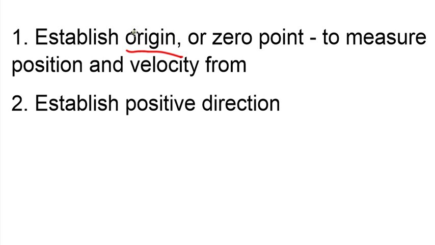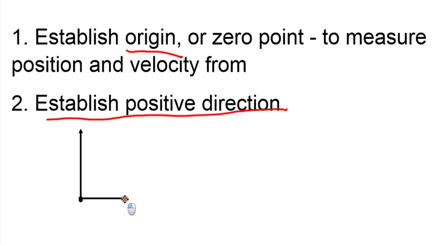Once we establish our zero point, then we need to establish the positive direction, or directions if we're working in more than one dimension. So for example, for most of the problems, we will be using up and to the right as our positive. Or we can say north and east. There are different ways to say this.